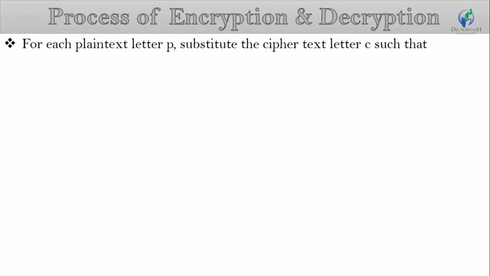Now, for each plain text letter P, substitute the ciphertext letter C such that C is equal to E of P, which is equal to P plus 3 mod 26.